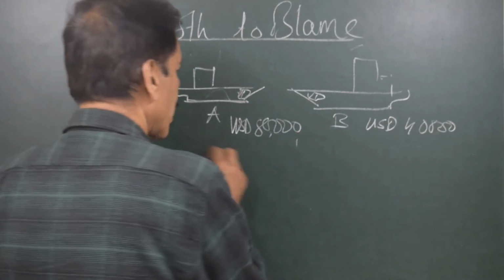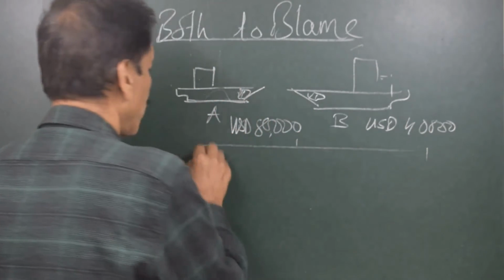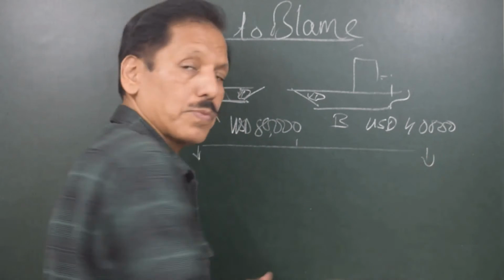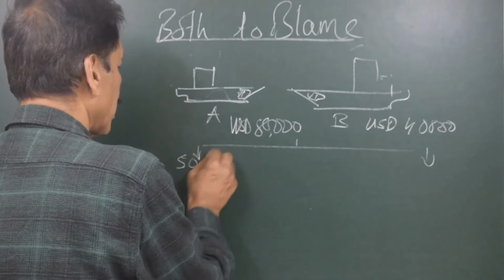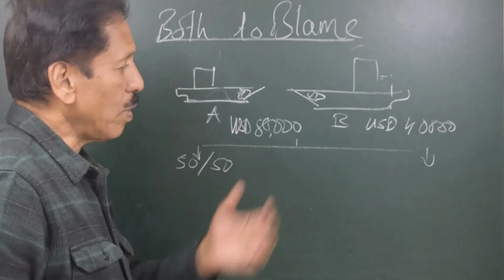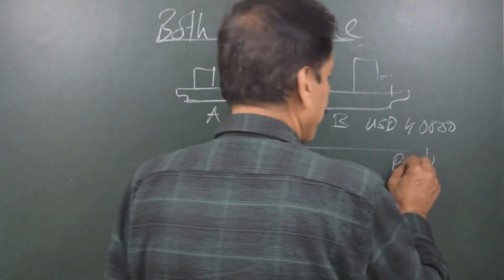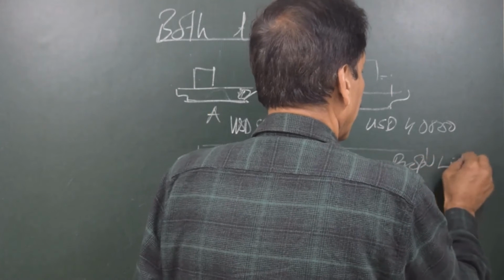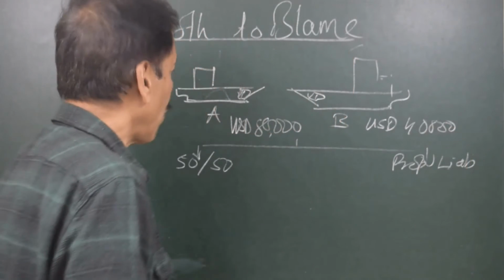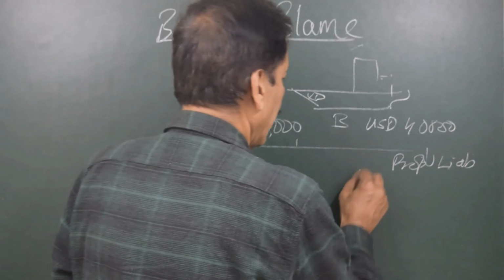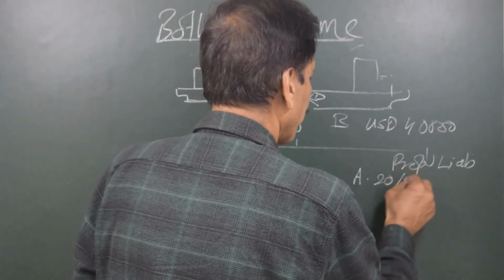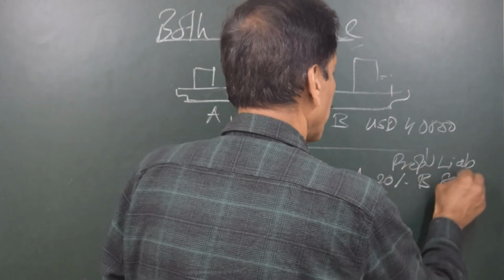Now we'll try and understand the exchange of money that takes place between the two ships when the 50-50 principle is applied and when the proportional liability principle is applied. Say for example, A is 20% to blame and B is 80% to blame.